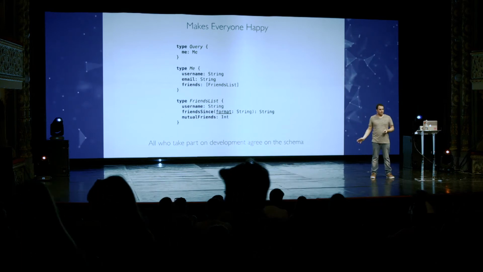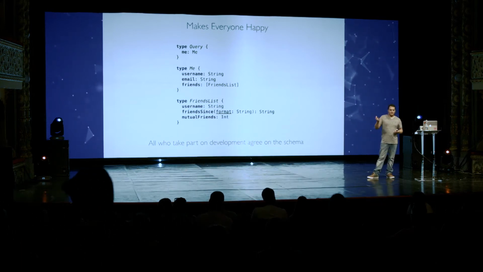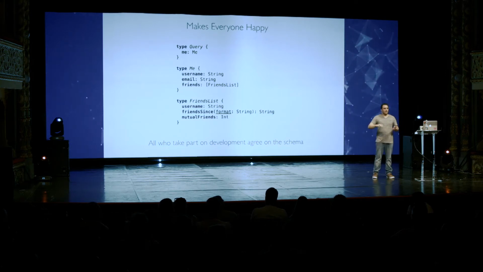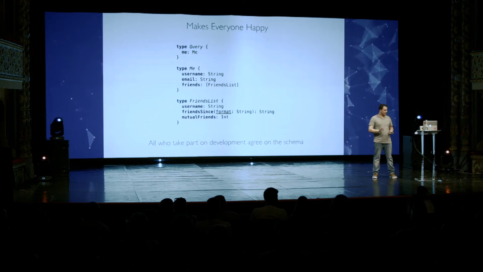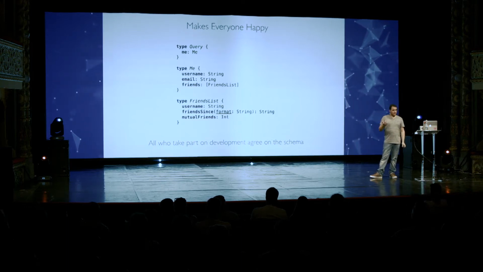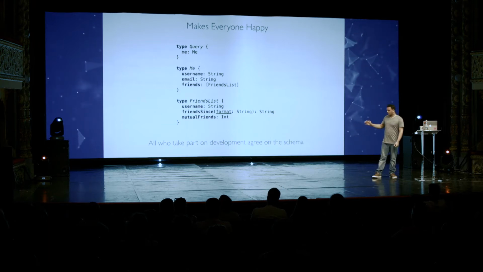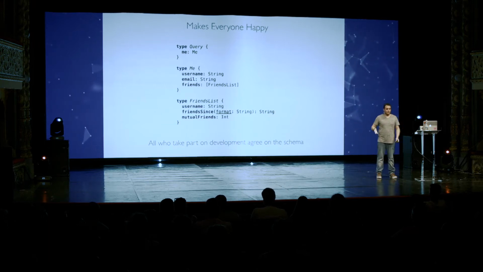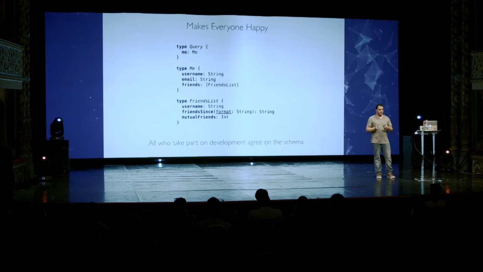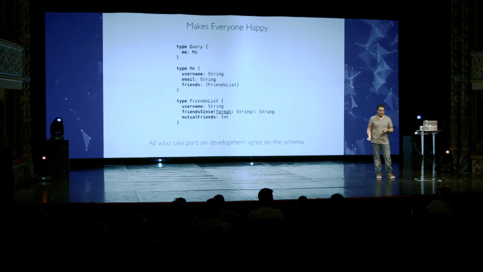They can start working with mocks, and because the schema is a contract, it's promised to them that the data will come in the same format, on the same types, and everything will be exactly as promised. Another good thing, the schema is flexible, which means we can change it, modify it, and add new fields without breaking the old APIs, because if we add a new field for a specific client, he can use it, but we don't need to break the actual schema.